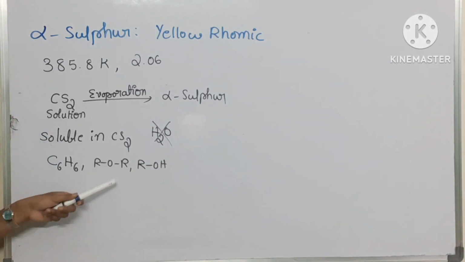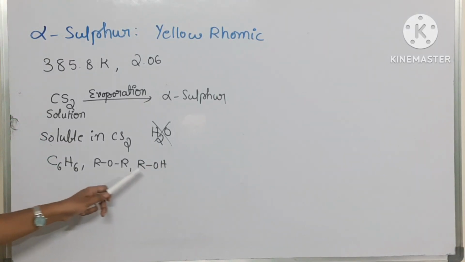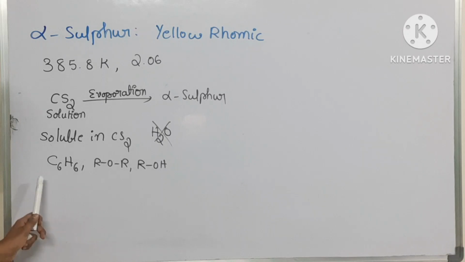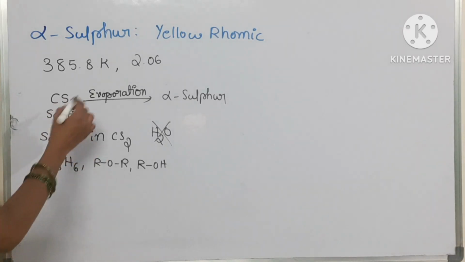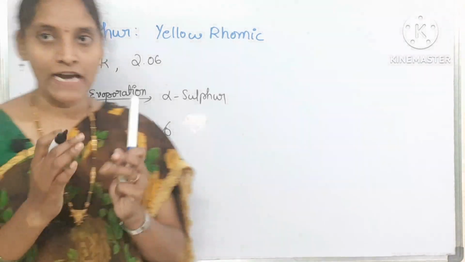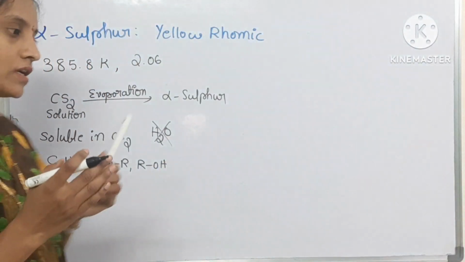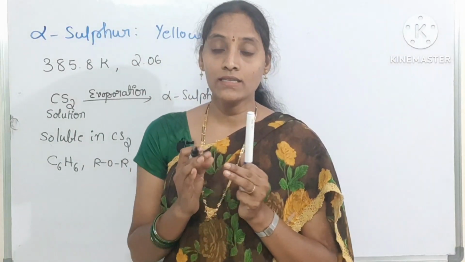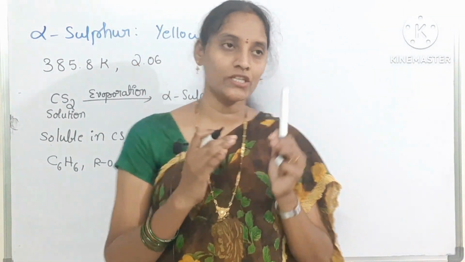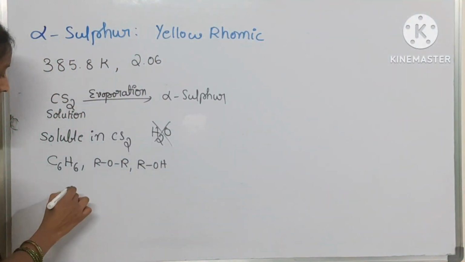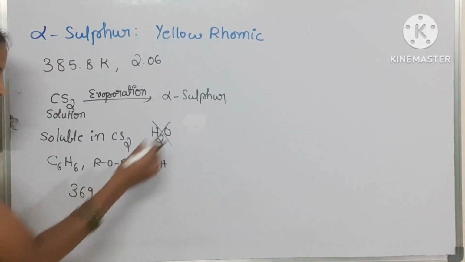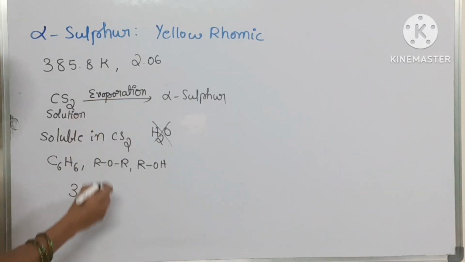Okay, this is benzene, ether, and alcohol. Also its transition temperature is 369 Kelvin; up to 369 Kelvin this form will exist. I will explain why while explaining beta sulfur.